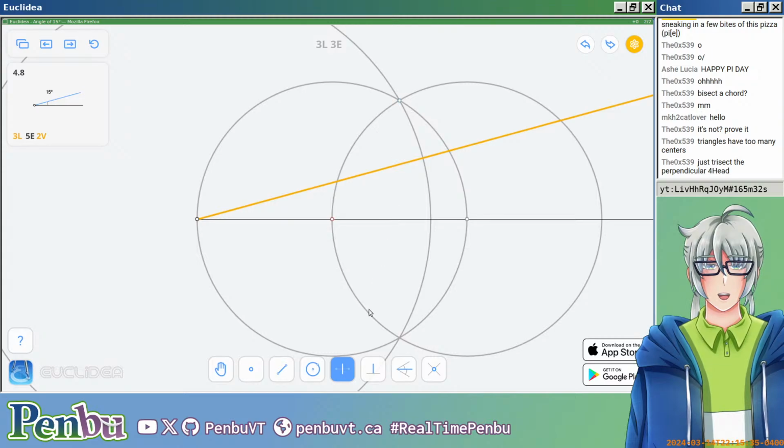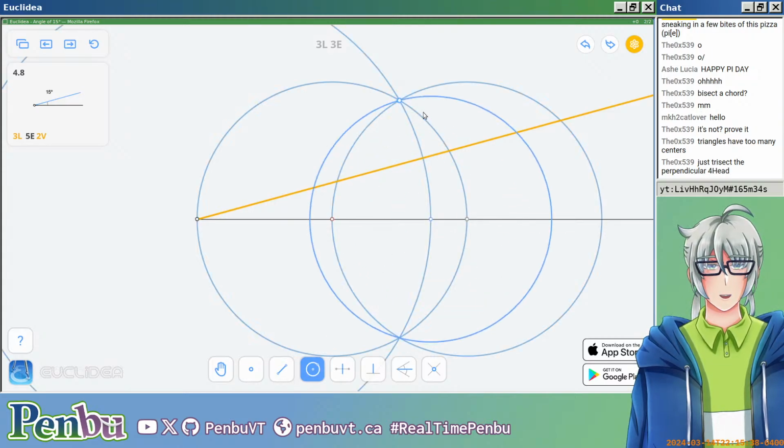And then we need one more. I think we need one more circle somewhere so that we can get.